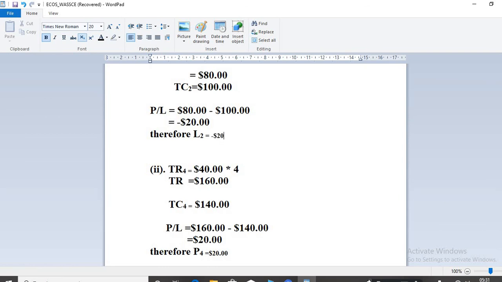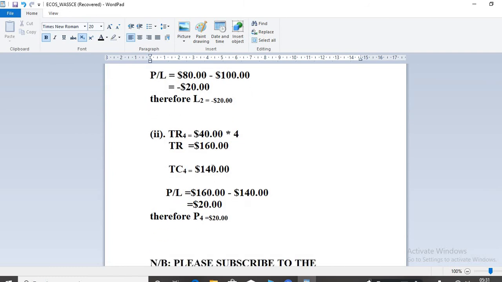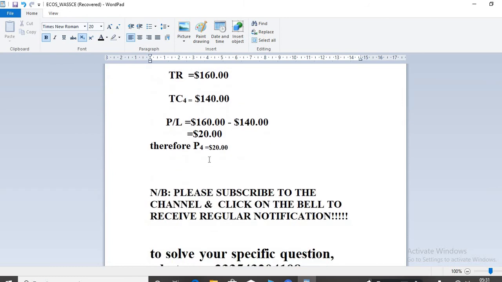So if the business sells 2 products, it is making a loss of $20. But if the business is able to sell 4 products, it will be making a profit of $20.